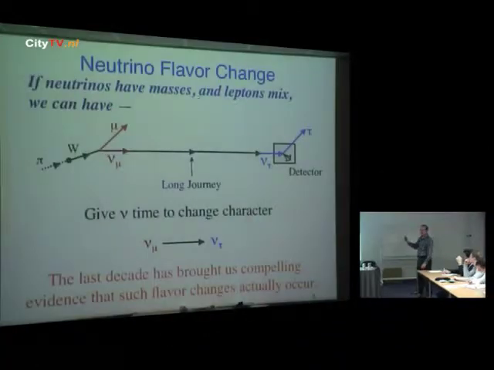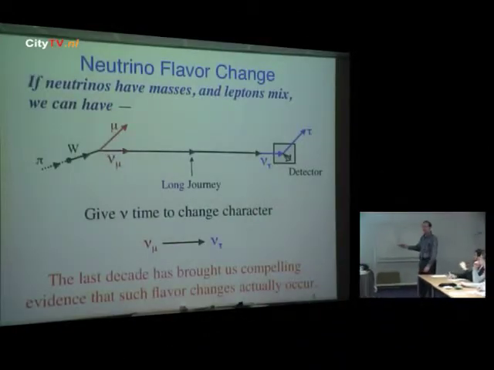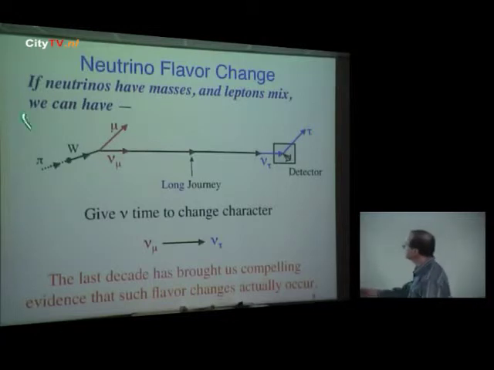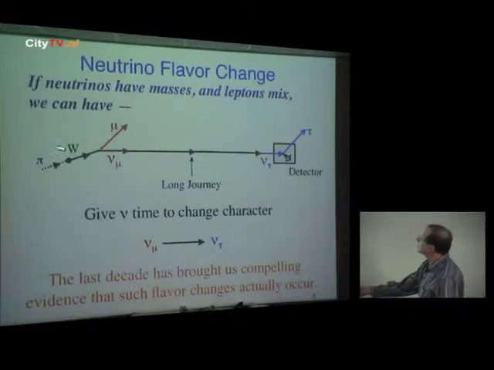If neutrinos have masses, and if leptons mix, then you can have a scenario like this, in which a neutrino is born together with a muon in pi decay, like I just mentioned. So it is by definition a muon neutrino. If this is a muon, then this is a muon neutrino. And now you send it on a long journey, like from here to the other end of the Earth.